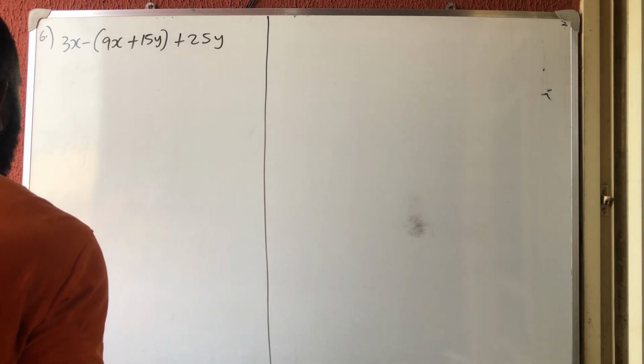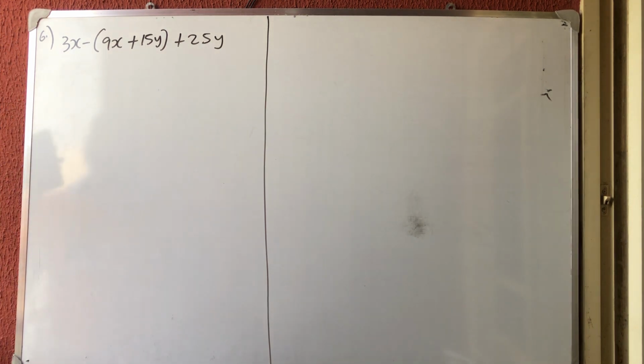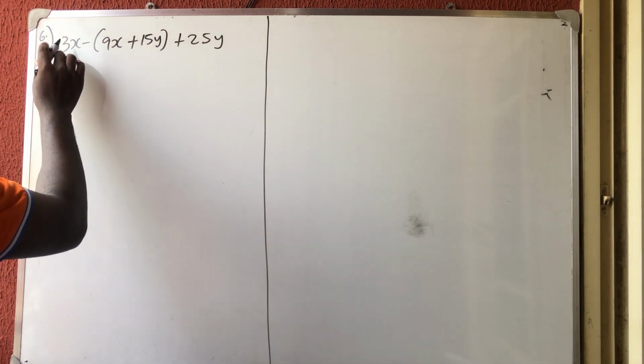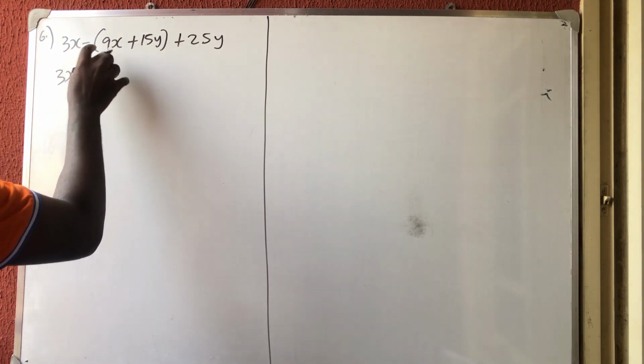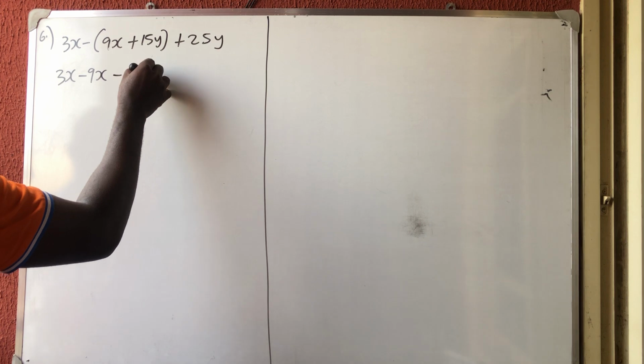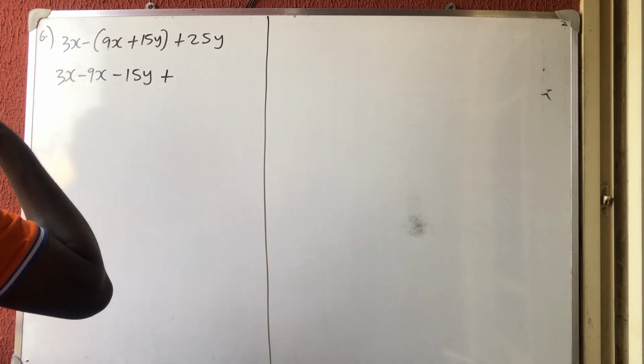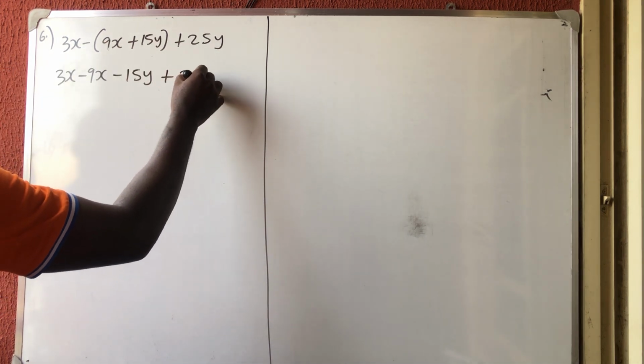Okay, so let us factorize this. Now I'm having this and this will give you 3x, minus times this, minus 9x, minus times this, minus 15y, plus 25y.